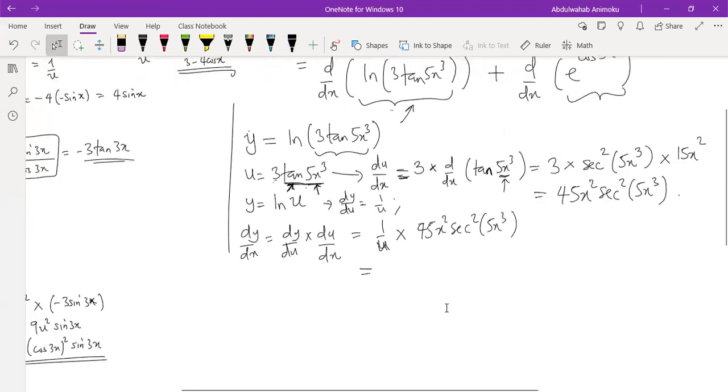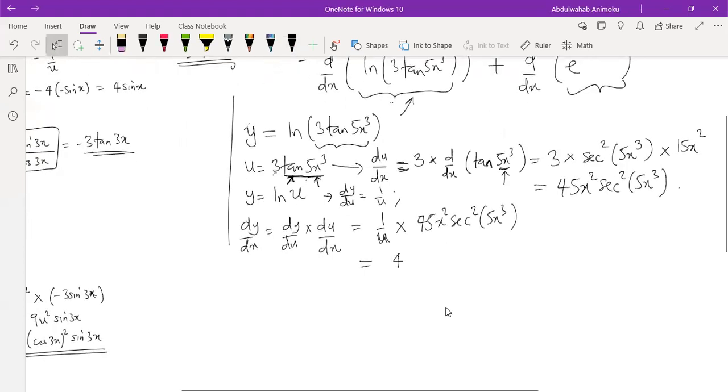Now let's put things together. This gives us 45x squared secant square 5x cubed all over u, right? And what is u? 3 tan 5x cubed.